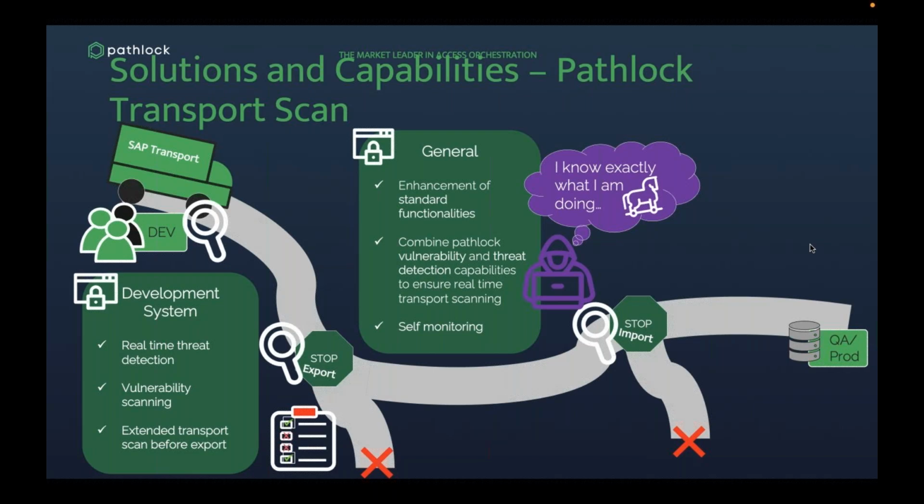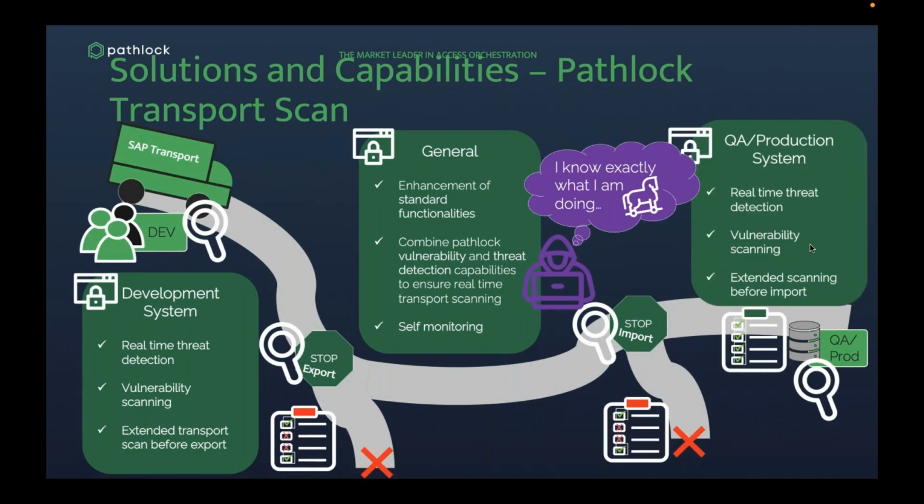However, if some transports, for example where you changed the content on the file layer, come to the import, we also have another layer. Next, please. In this layer in the SAP production system, real-time threat detection and vulnerability scanning are also active. We detect if something is changed and so on. We also have an extended scanning before import, which allows us to describe in detail which kind of content is allowed to go into the system and which not.